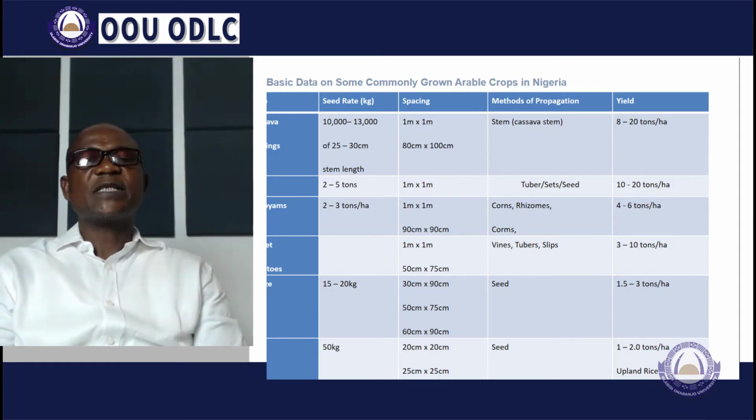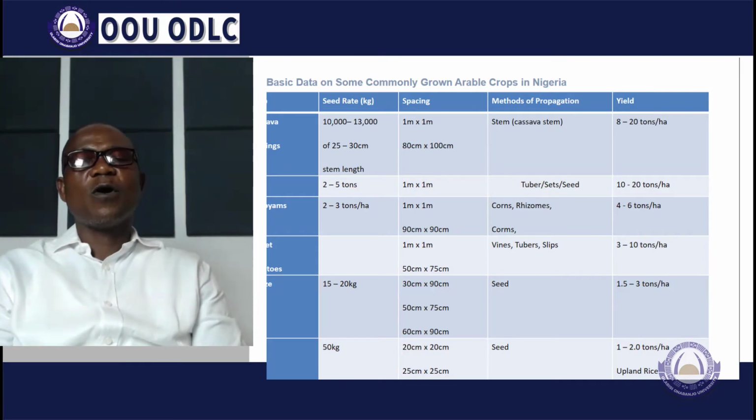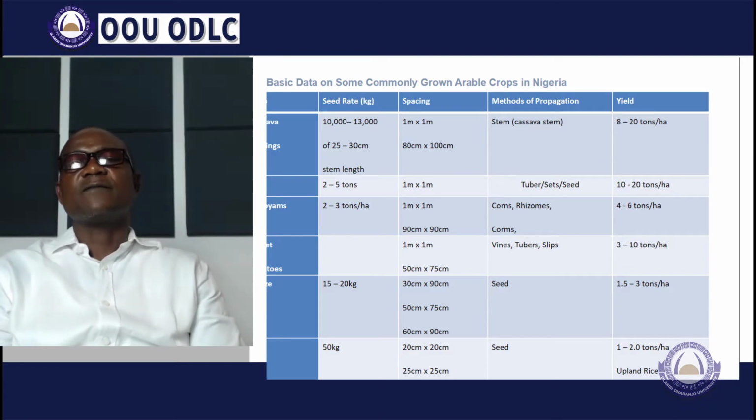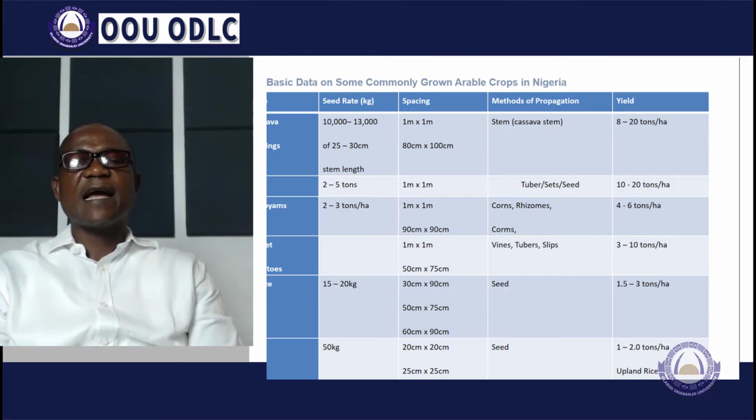That is 0.8 meters by 1 meter. Method of propagation. Cassava is propagated through stem cuttings. The yield at the end of the day is between 8 to 20 tons per hectare of land.